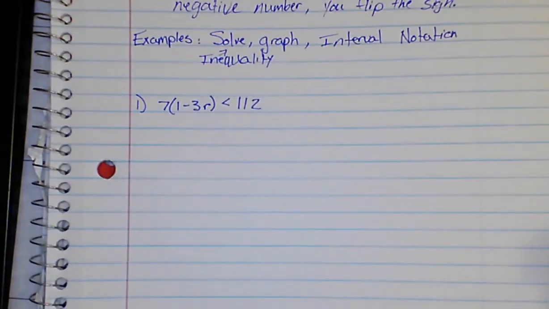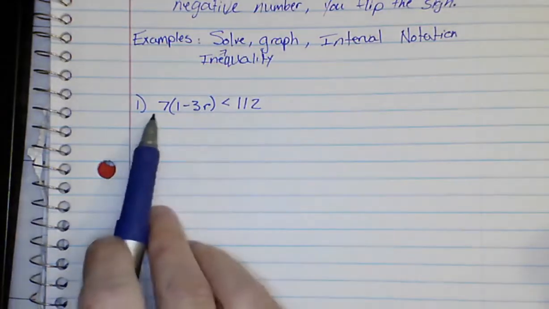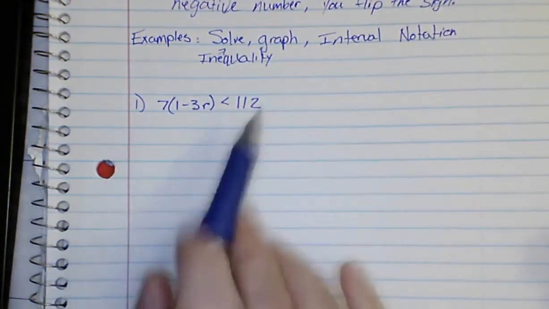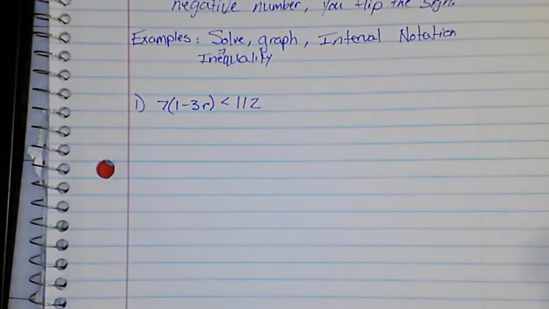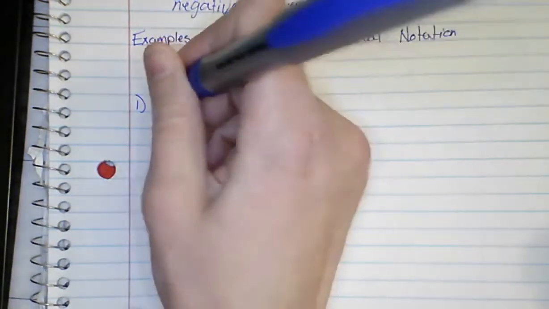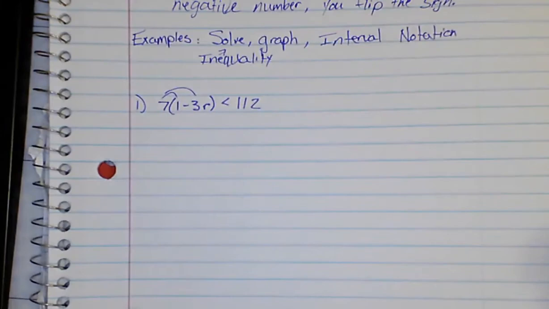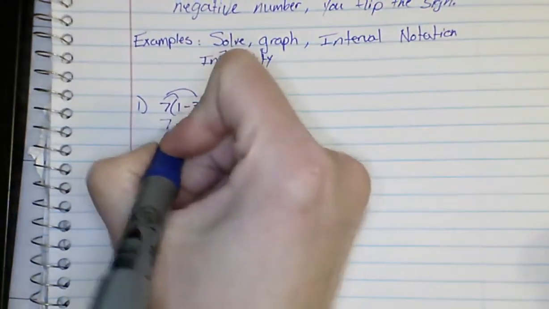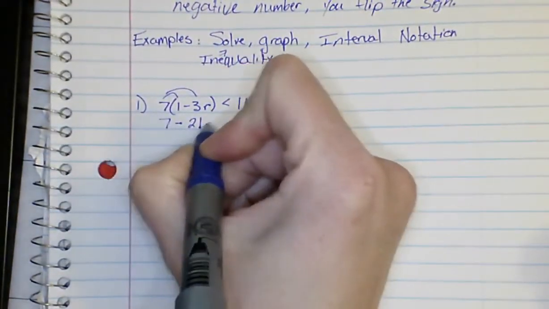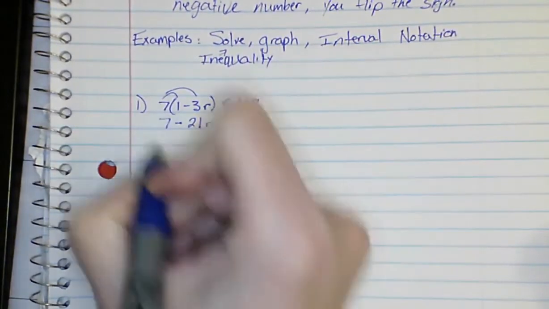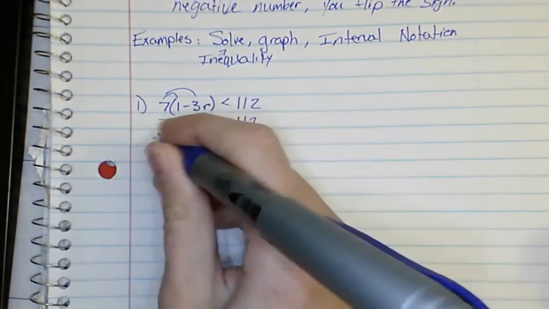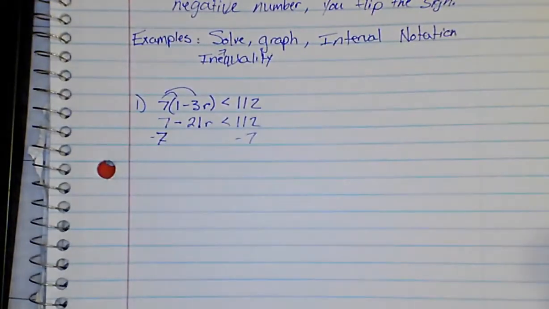Okay, so this first example, we can go about it one of two ways. We can divide by 7 to both sides and then solve, or what most students and people will do is they will distribute that 7. And then subtract the 7 to both sides.